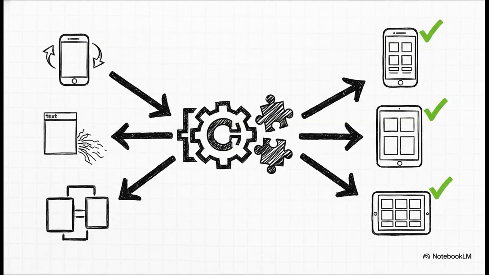So here's the bottom line. Auto layout came in and just solved all those nightmare problems we talked about. Because layouts were now based on rules instead of coordinates, they could finally adapt to any screen. They could handle system changes on the fly. And for developers, it meant no more hard-coded calculations and way, way easier maintenance.